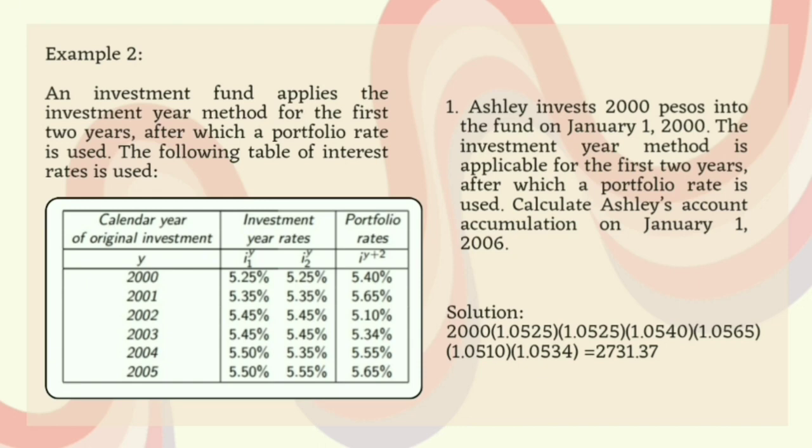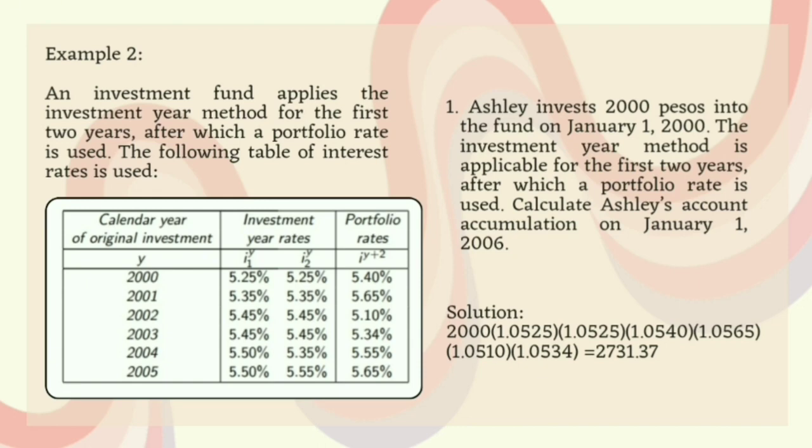So that becomes 1.0525. The year 2001 is also 5.25%. 1.0525. In 2002, it becomes 5.40%, which is the portfolio rate. Why? Because the investment year method is applicable for the first 2 years. So it only uses the investment year rates for these two 5.25%. Then you move on to the portfolio rates.